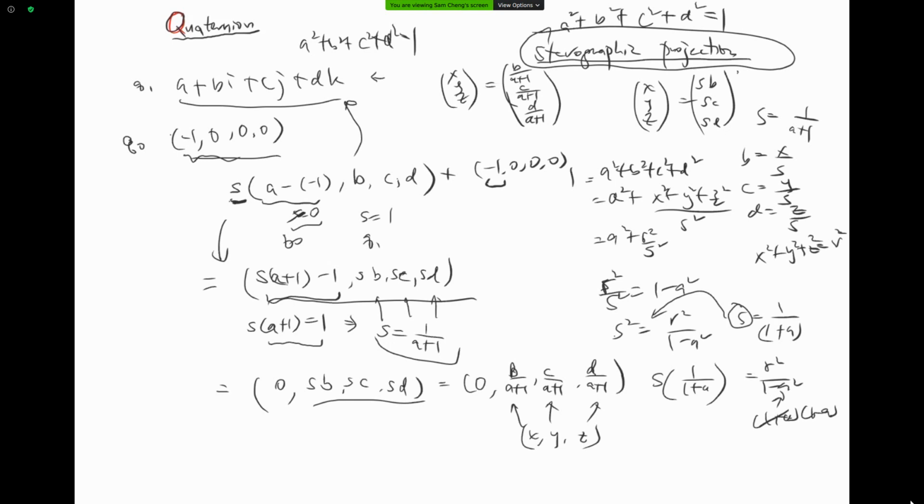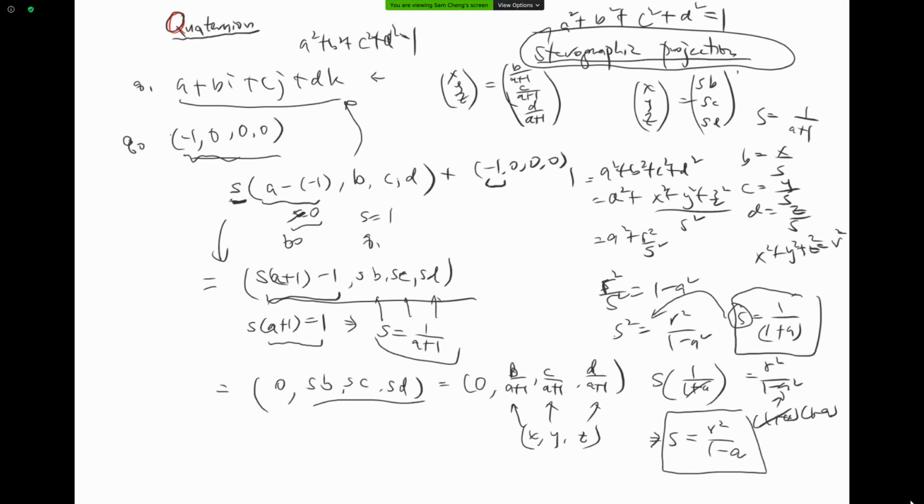So therefore s is equal to r squared over 1 minus a. Then I will have two equations, basically s equal to 1 over 1 plus a, and also s equal to r squared over 1 minus a.